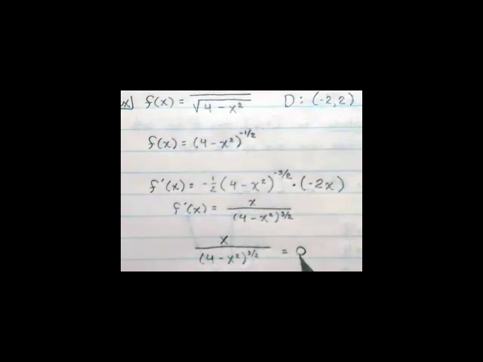Fraction equal to 0, only the numerator is going to affect that. Denominator could be whatever it wants to be. As long as the numerator is 0, this is going to come out to 0. So the only solution to this is x equals 0. Another way of looking at it is you could take this entire denominator, multiply it over to the other side, and it's still going to be 0, right? So then x equals 0 when you do that. So our solution is when x equals 0.